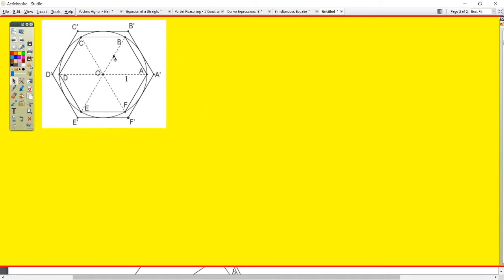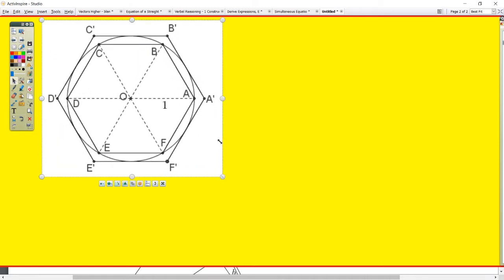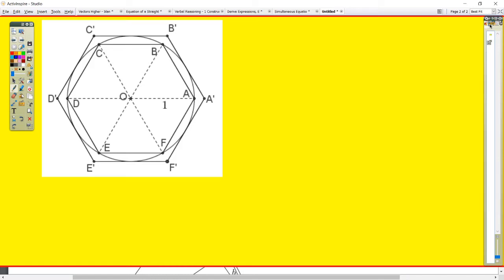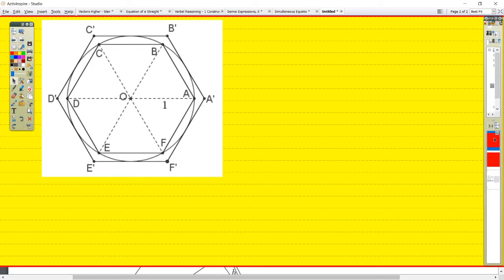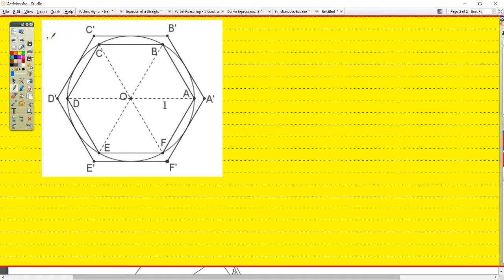So from this one, 4 root 3. So we could just try to find the perimeter. So this bit is the midpoint of A dash B dash, or I think they call them A prime, B prime.